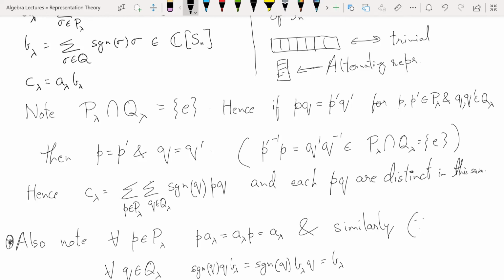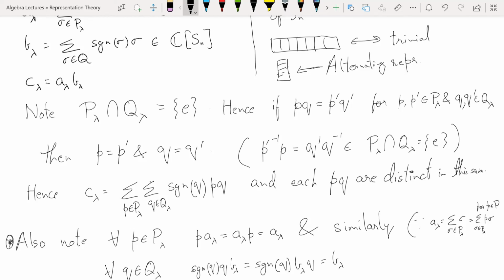So since a lambda is the sum over sigma in P lambda, of course, if I multiply by p, it's just permuting the sigmas, which is equal to the sum of p sigma over sigma in P lambda, for p in capital P. Because if you multiply, then it just permutes the order.